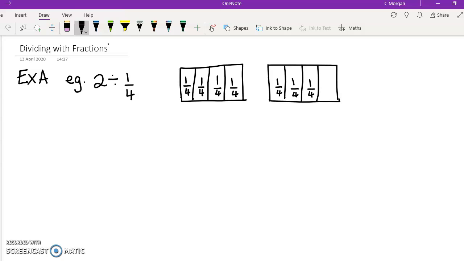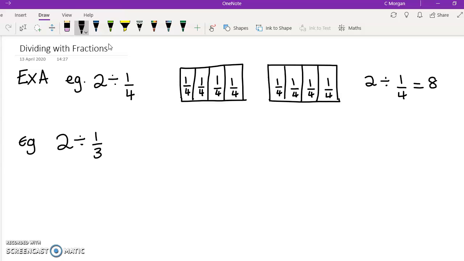So I'm just going to complete my diagram, and I'm going to write down that 2 divided by 1/4 is 8.